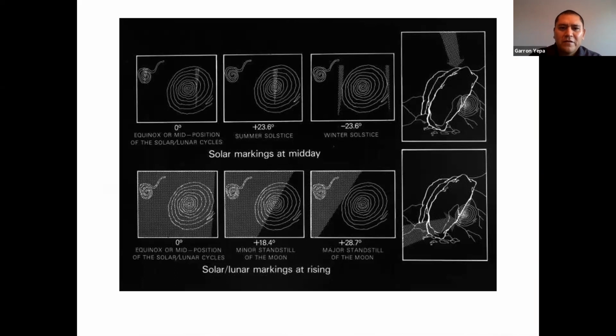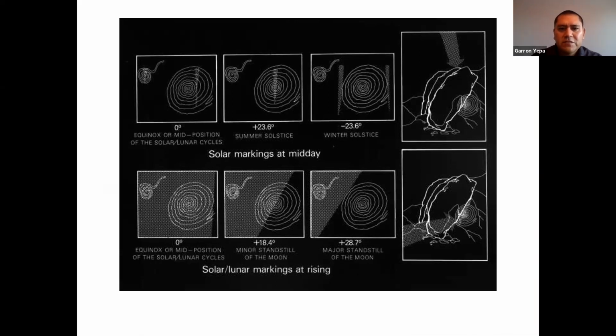Another well-known technology that was apparent in the Chacoan culture is Fajada Butte, which had 3 stones, on a little mesa near this center space. And they tracked the movement of the sun with these 3 stones.